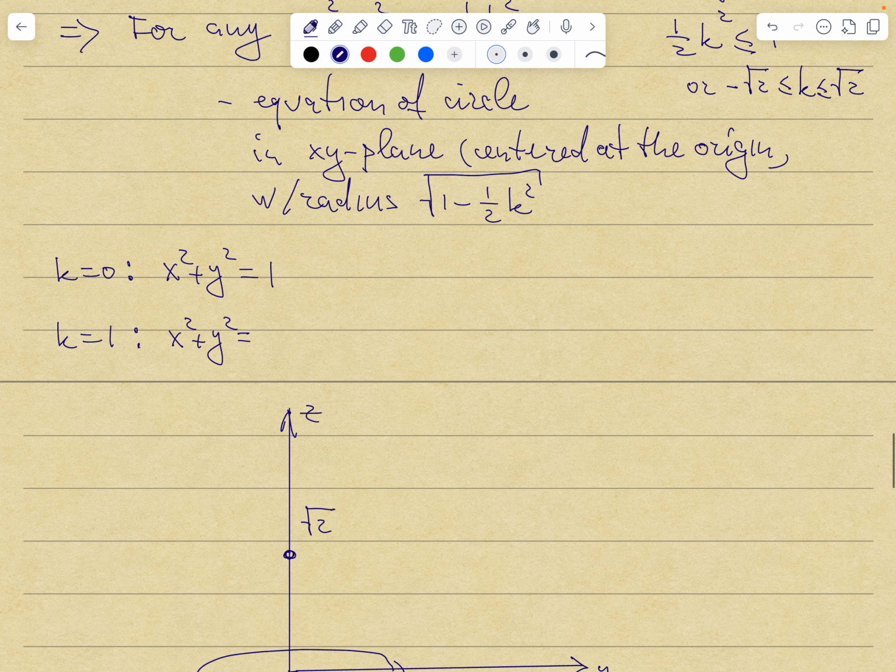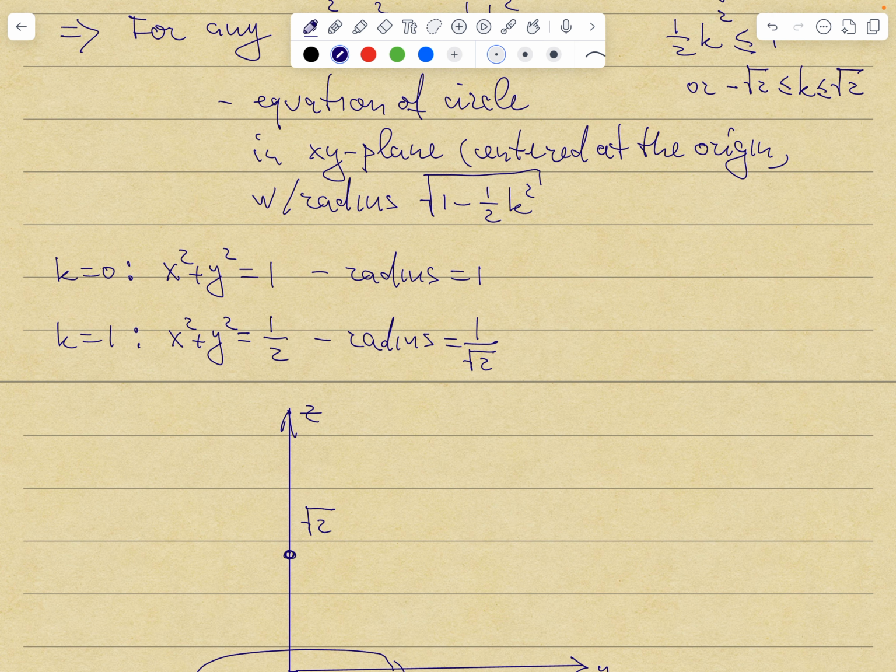So this is x squared plus y squared equal to 1/2. So the radius here is equal to 1 over square root of 2, right? So it's some radius less than 1. We'll sketch a circle, so this is still a circle.